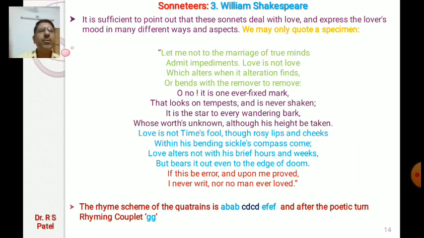So the thought expressed in this poem is also beautiful. Let us try to understand what has been expressed by William Shakespeare in this beautiful sonnet. Let me not to the marriage of true minds admit impediments.